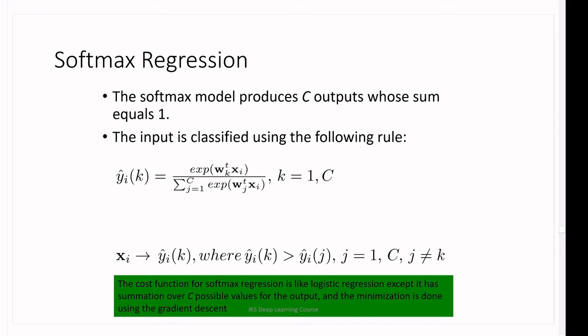That means we will classify x i to class k if the y i hat value for class k happens to be the highest after normalization. All right, so that's what softmax regression does.